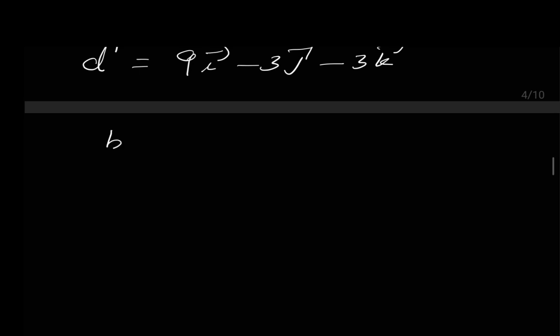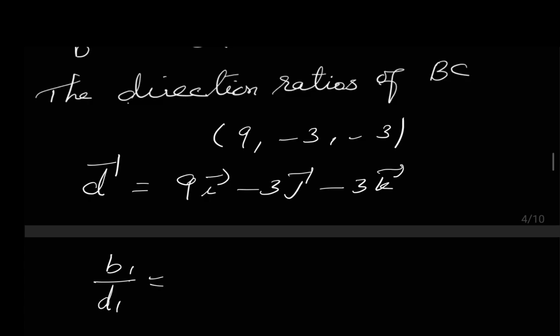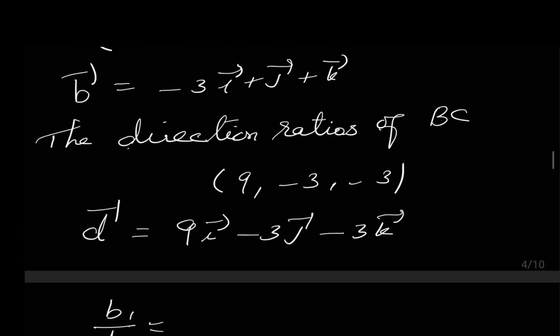So you find that b1 by d1 ratios. Here, this is b1, b2, b3 coefficients, and d1, d2, d3.